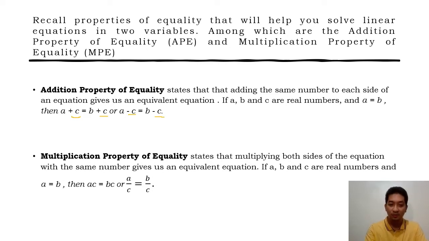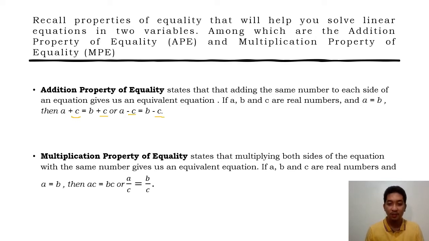And then let's go with the multiplication property of equality, which states that multiplying both sides of the equation with the same number gives us an equivalent equation. It's just like the same, but this time, instead of using addition, we will be using multiplication.